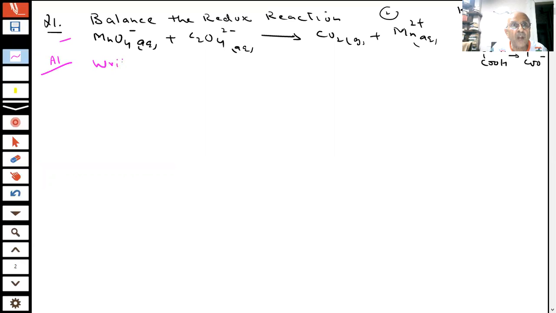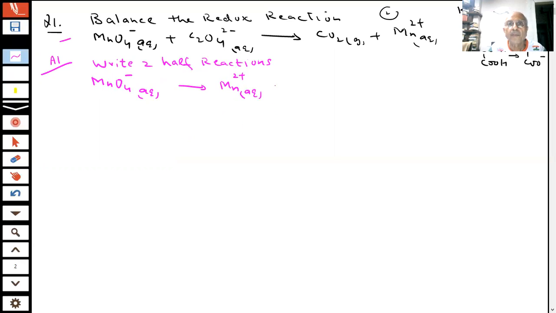First thing is to write the 2 half reactions. What are the 2 half reactions, students? You have MnO4 minus aqueous going to Mn2 plus aqueous.